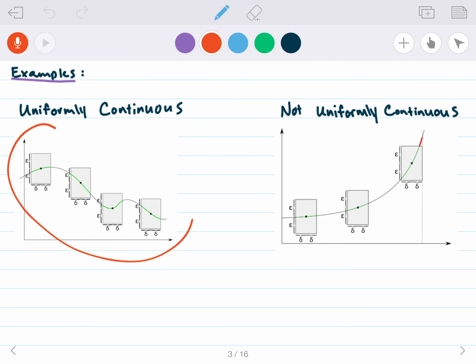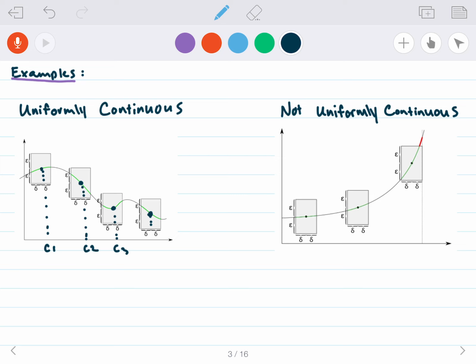So here I have a picture that illustrates uniform continuity. Notice that I have 4 points, 1, 2, 3, 4, and these correspond to some C values. Maybe this is C1, this is C2, another point in our domain, C3, and C4.